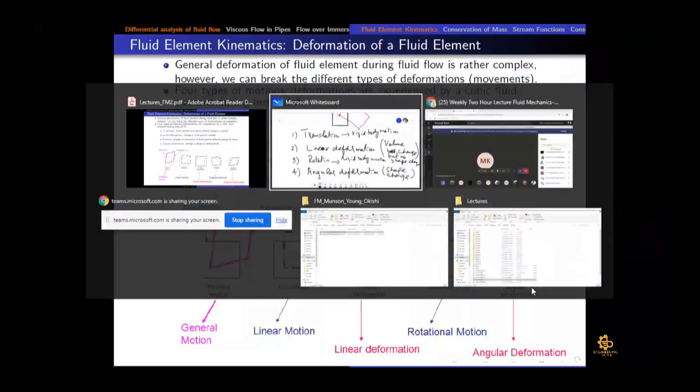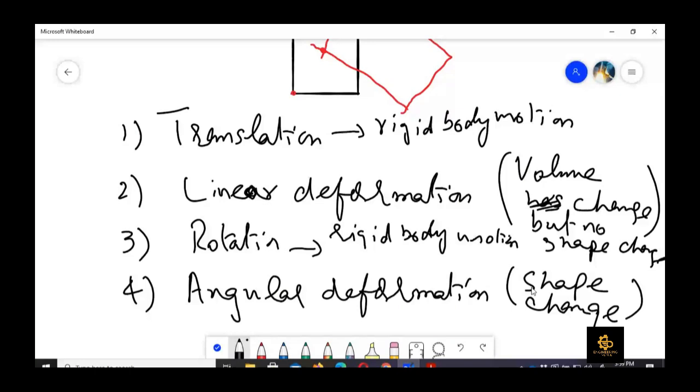Okay, so now we have discussed these four types of deformation. Now, what kind of forces are there which can create these kinds of deformation?